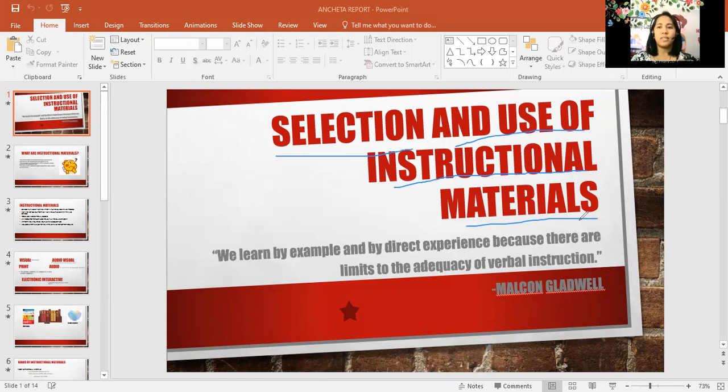So we have some quotes under it. We learn by example and by direct experience because there are limits to the adequacy of verbal instruction. That is from Malcolm Gladwell.